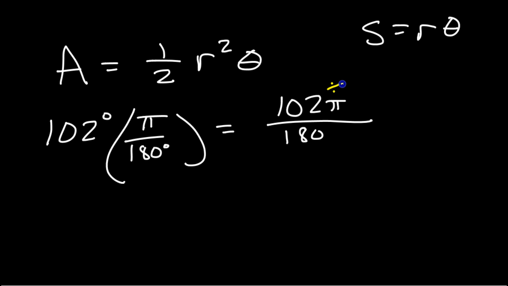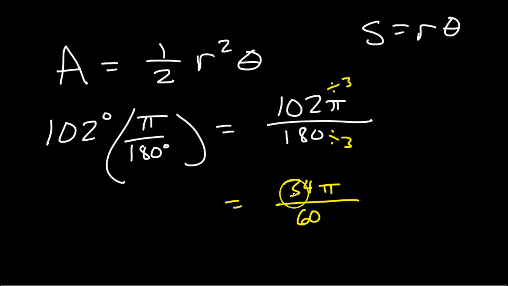I know that both of these are divisible by 3. If you add up the digits, 1 plus 2 is 3. So that's how I know this is divisible by 3, by the way. So if I do that, I'm going to get 34 pi over 60.